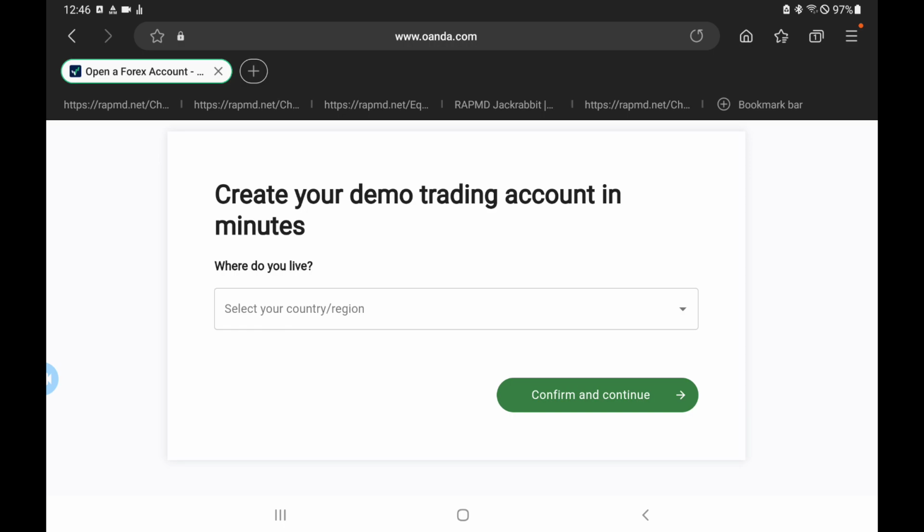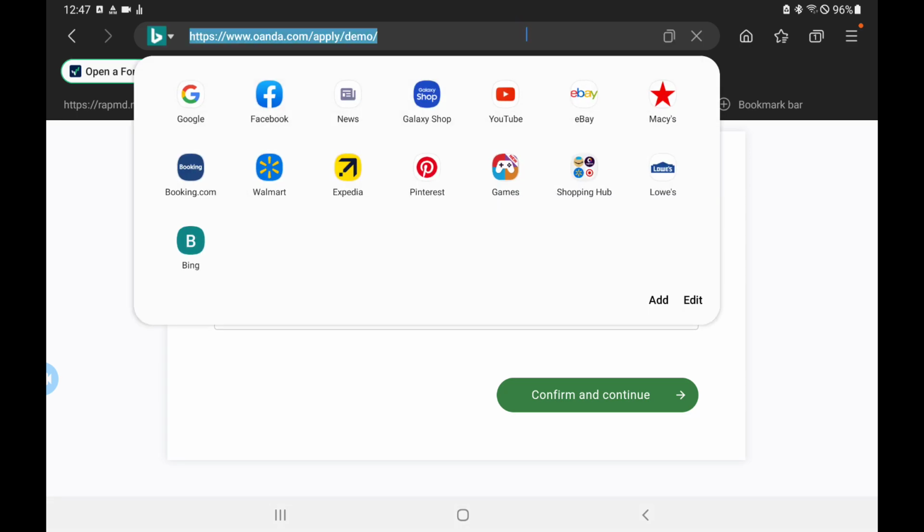It really doesn't matter. I'm going to demonstrate through Oanda because I have found that their demo account is one of the better ones, and so far I have not found anyone that cannot sign up to one of their demo accounts. So you want to go specifically to this URL, oanda.com/apply/demo.